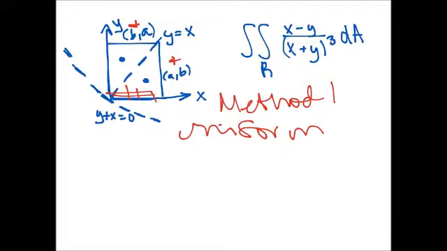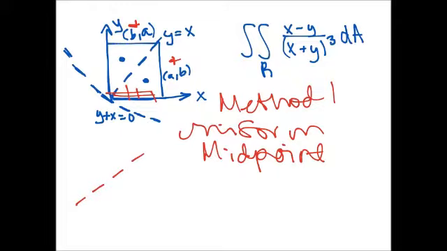And we're going to use the midpoint rule, which you should remember from when we first learned the Riemann sum, which instead of taking the left or the right bound, you take exactly the middle. So the general idea is that one way of breaking this up uniformly is we take that y equals x line and we create a box off of that line focused on a certain point.